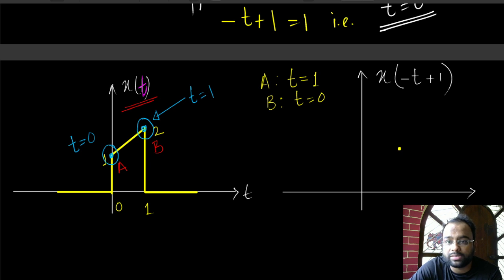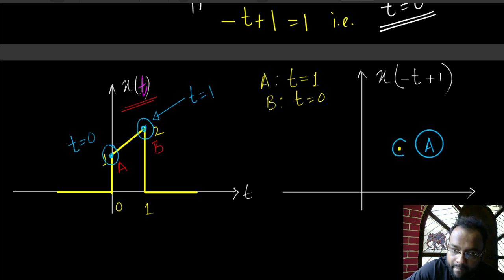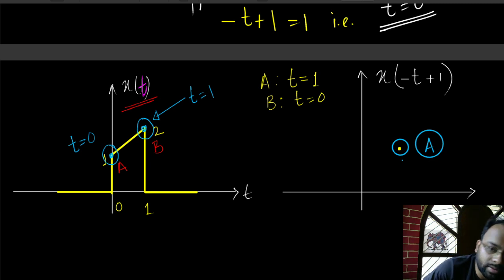So this is time 1, and this magnitude is of course 1, right?